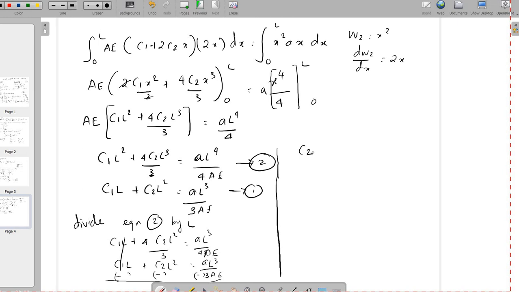Taking C2L square outside, 4 by 3 minus 1, is equal to, taking AL cube by AE outside, 1 by 4 minus 1 by 3.